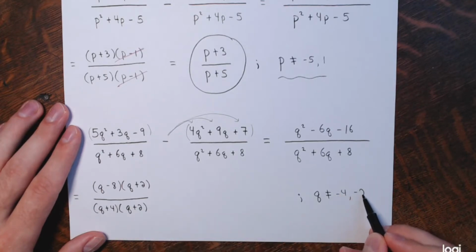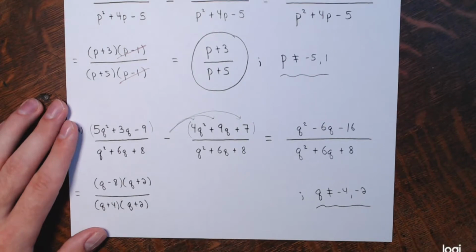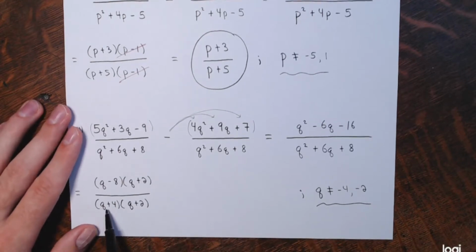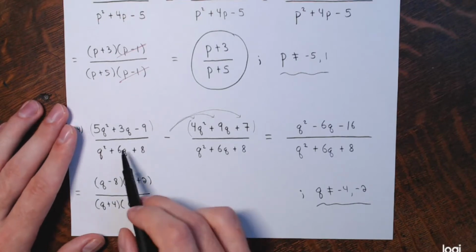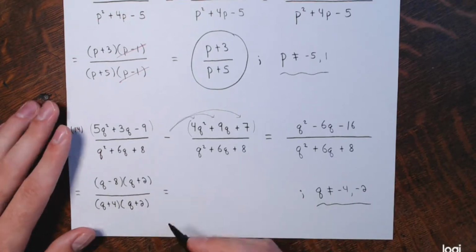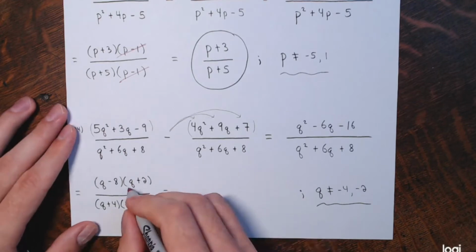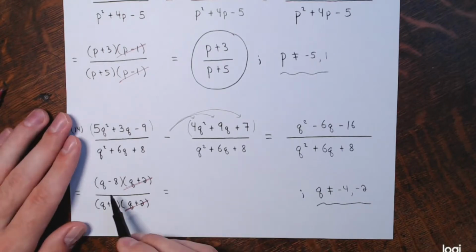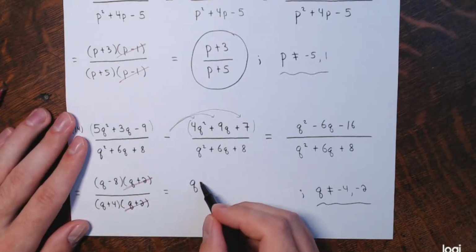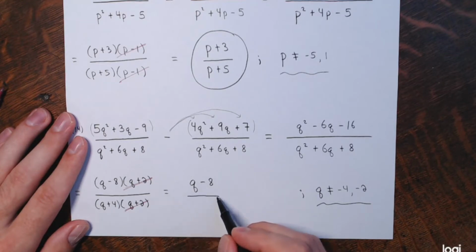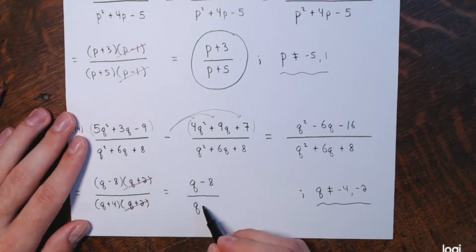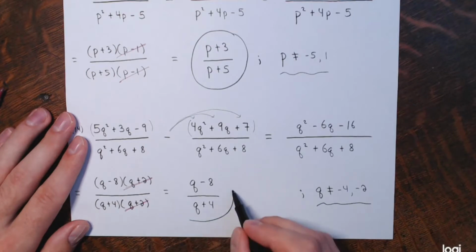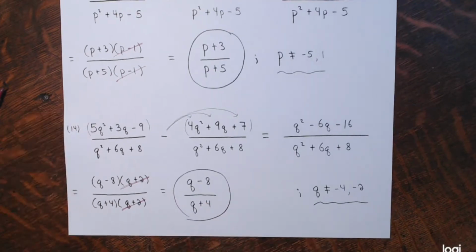So I'll put that up to the side already. Because if q were -4, you'd be dividing by 0. If q were -2, you'd be dividing by 0. You'd have a denominator of 0 throughout the problem, and that's bad. And then I see the common factors. Q plus 2 is a common factor of the numerator and denominator, so I'll get rid of those. And I'm left with q minus 8 in the numerator divided by q plus 4 in the denominator. That's as simple as that'll get.